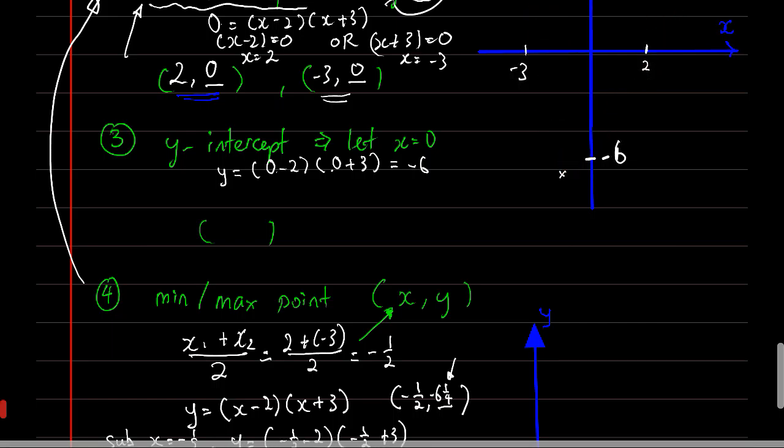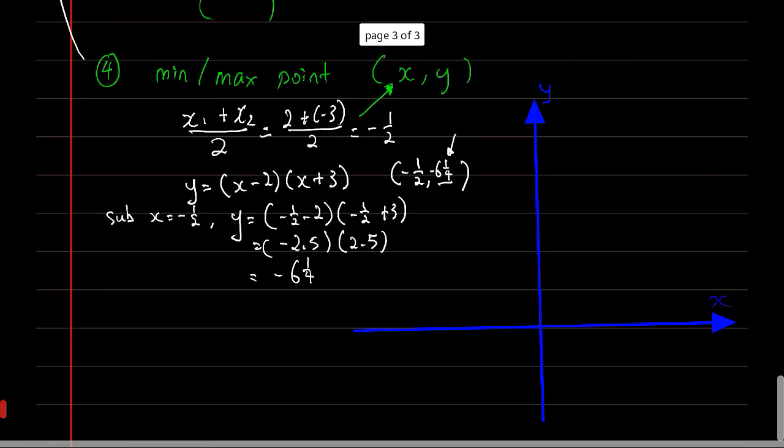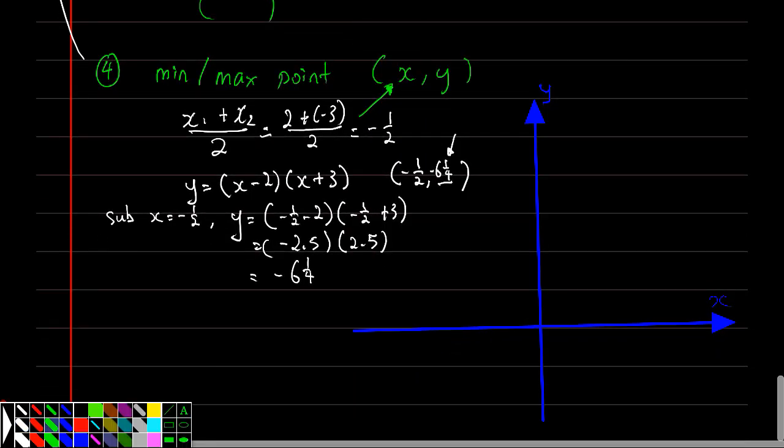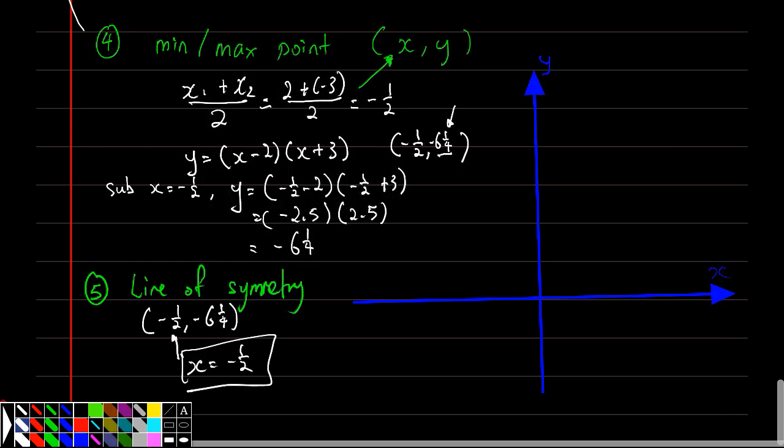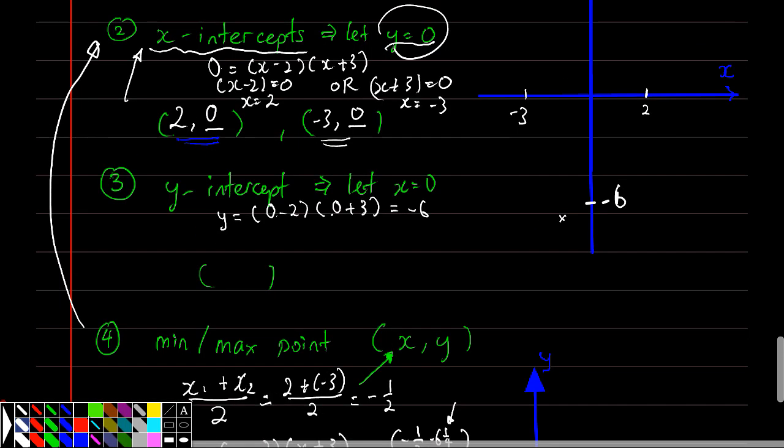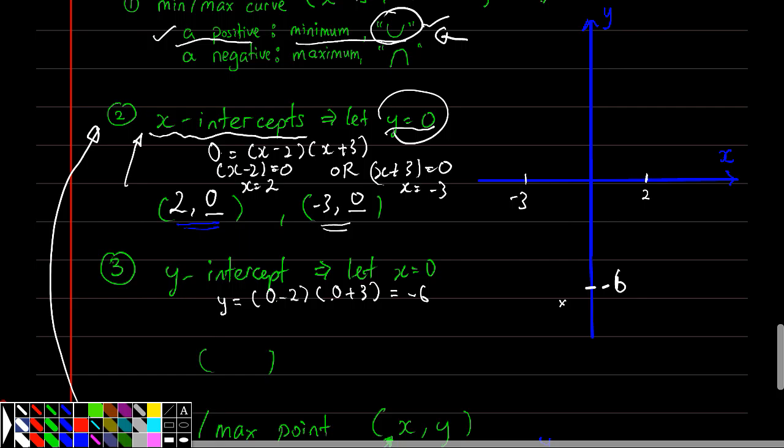Now last but not least, we look at the line of symmetry. This is the same as the complete the square form, which means I will need to look at my turning point. So my turning point is negative half, negative 6 1/4, and this x equals negative half will be my line of symmetry. So over here, I will draw the curve.